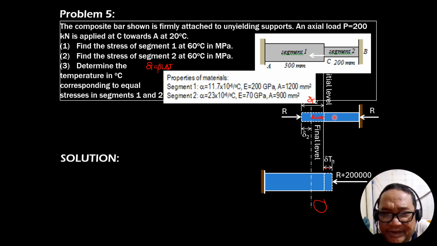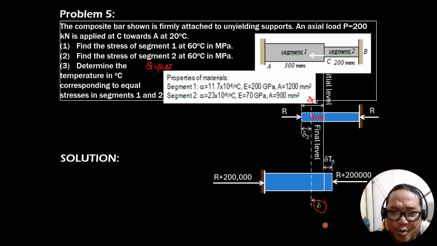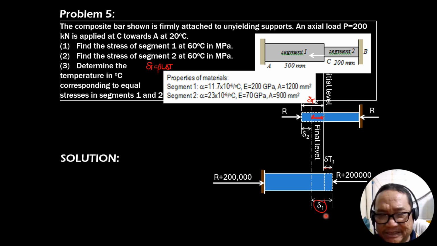Therefore, this reaction here is equal to R plus P, which is 200,000 newtons, so this will be compressed to this final level here, and that is also R plus 200,000, and this deflection is delta 1. So delta 1 is just due to stress of segment 1.